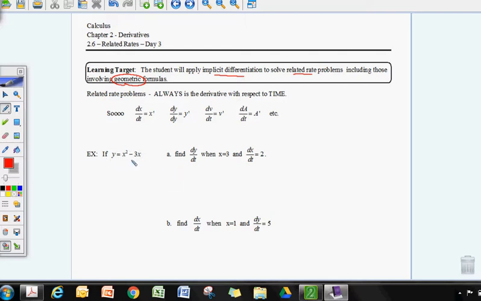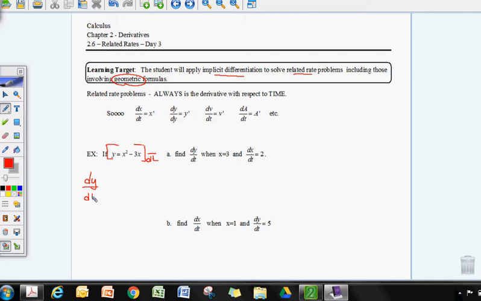If this is my equation, could you find dy/dt when x is 3? Again, just going over, you're taking the derivative with respect to t. And that means whenever I take a derivative of a y, it becomes a 1, and that's dy/dt.